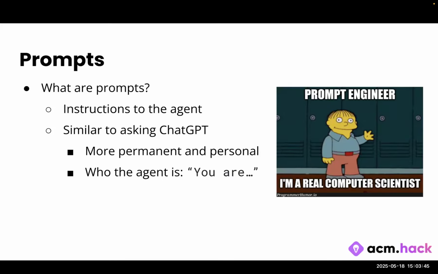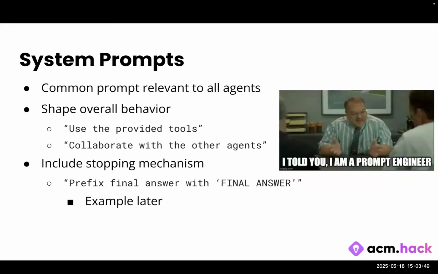In our program, we're going to be using two types of prompts. The first one is system prompts. System prompts are prompts that are relevant to all agents. So this is like general instructions. Let's say you have a team of a software engineer and a product manager and a marketing manager. This would be an instruction you give to all of them.